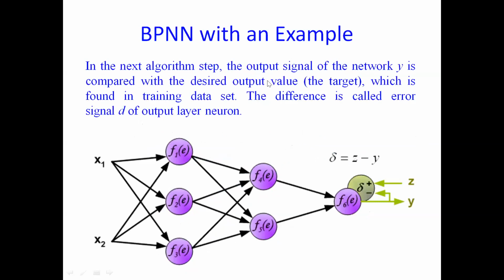So now what happens whenever this computation is complete? Then in the next algorithm step, we have to calculate whether there is any error. That means whether there is any difference between the desired and the obtained or computed output.